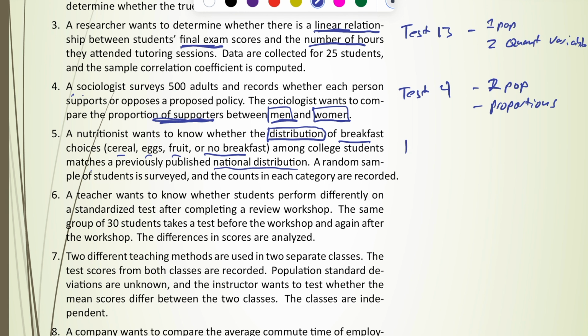So this is going to be test 10. Why? Because it's one population, one categorical variable, and there's an expected distribution.